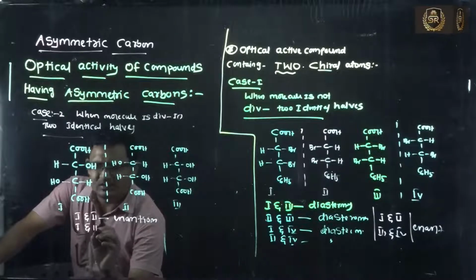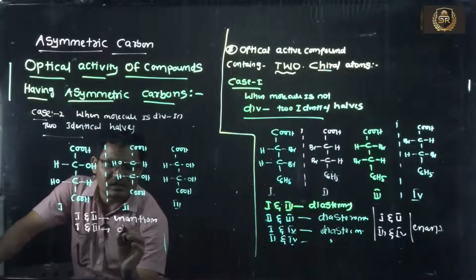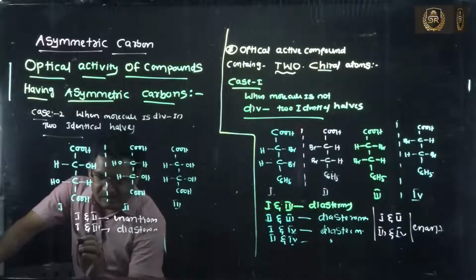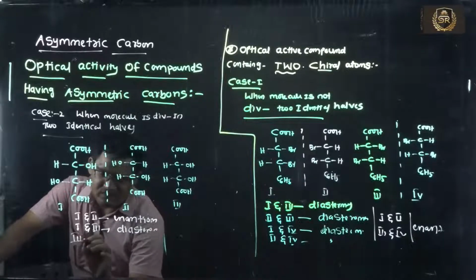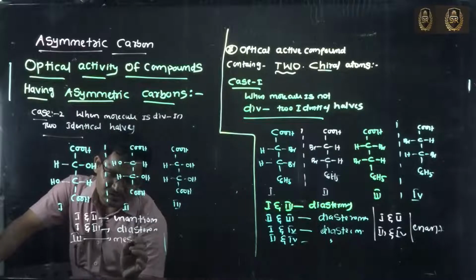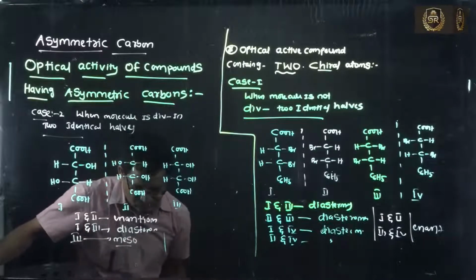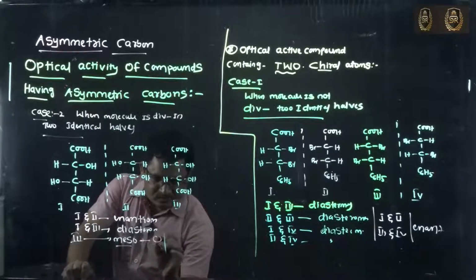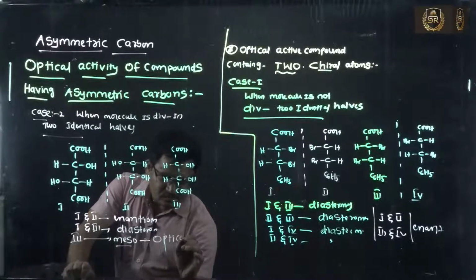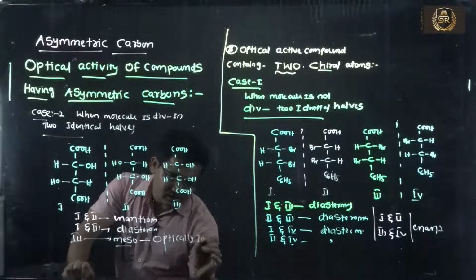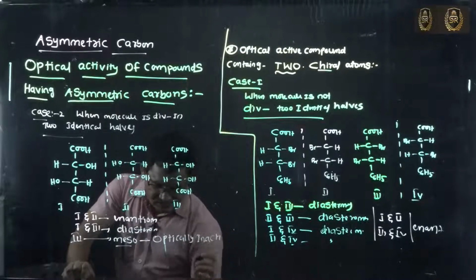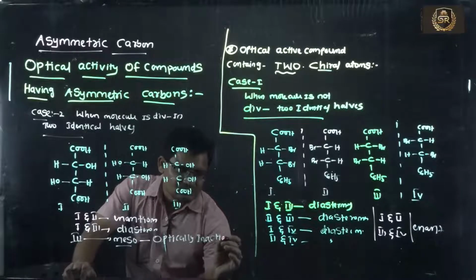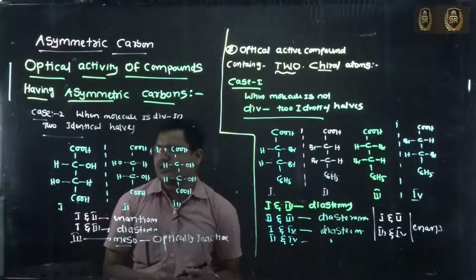But the third structure only forms meso. That means this third structure is optically inactive, it is a meso compound.